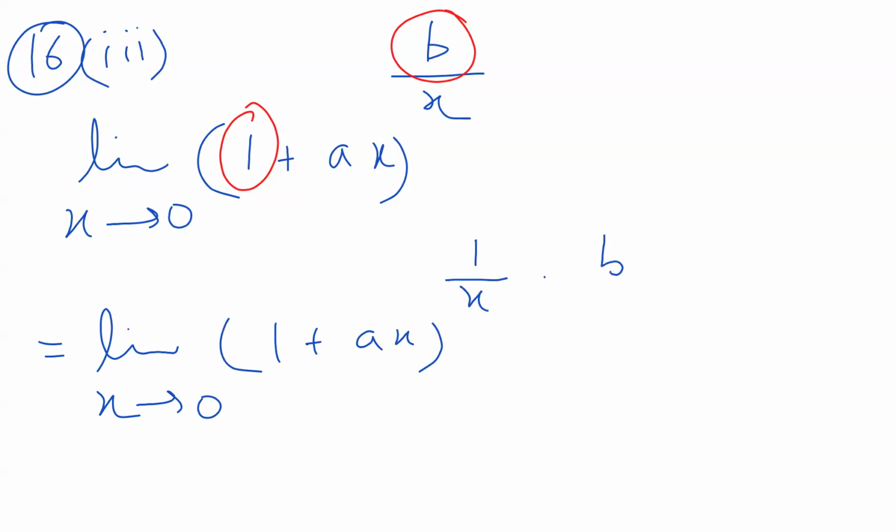B is in the numerator, so I'll write it in the numerator. If b is in the denominator, I'll write it in the denominator. Now this is plus, that is also fine. This should be ax. Eliminate this a by writing a over here. Are you understanding? Yes, sir.